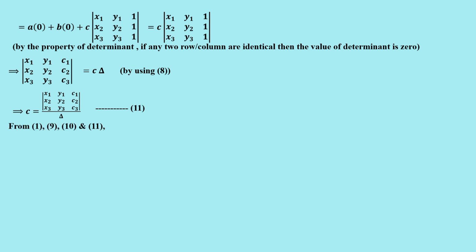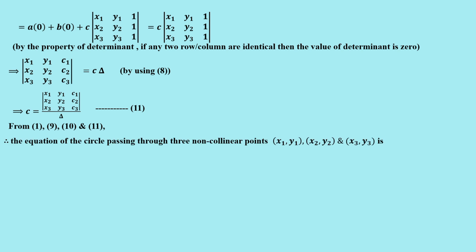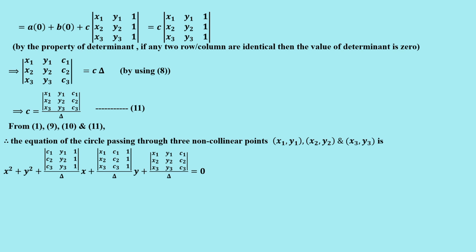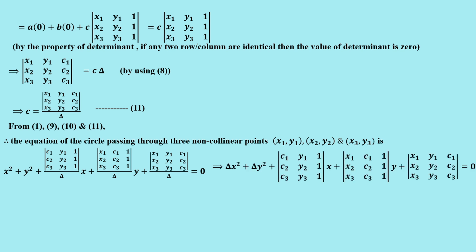Now from 1, 9, 10 and 11, the equation of the circle passing through non-collinear points (x1, y1), (x2, y2) and (x3, y3) is x square plus y square, substituting the value of 2g, the determinant c1, c2, c3, y1, y2, y3, 1, 1, 1 by delta into x, plus substituting the value of 2f, the determinant x1, x2, x3, c1, c2, c3, 1, 1, 1 by delta into y, plus substituting the value of c, the determinant x1, x2, x3, y1, y2, y3, c1, c2, c3 by delta, equal to 0, by using equations 9, 10, 11.